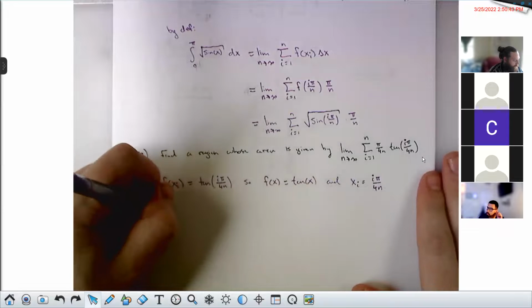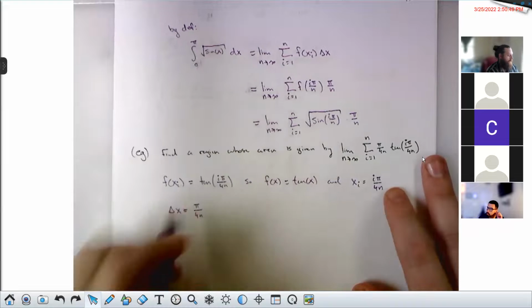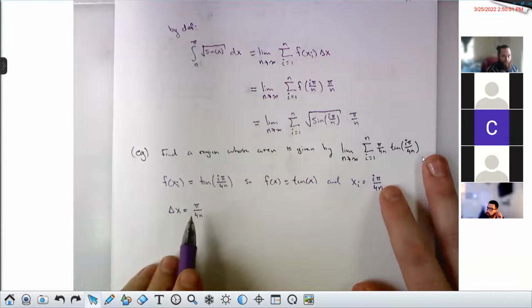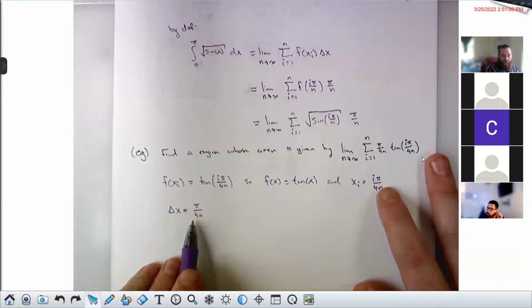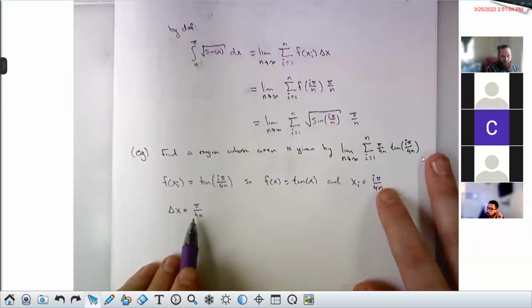Also, we recognize that the delta x piece here is the pi over 4n. And comparing these two, we can deduce that a must be 0. Because we know that xi is always a plus I delta x, and this piece is just I times this piece.